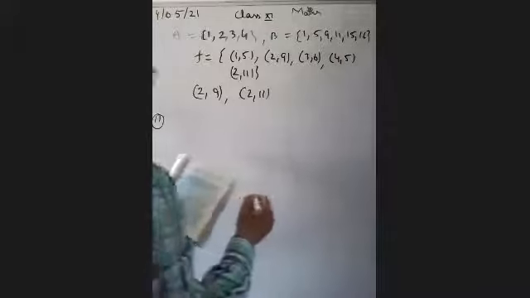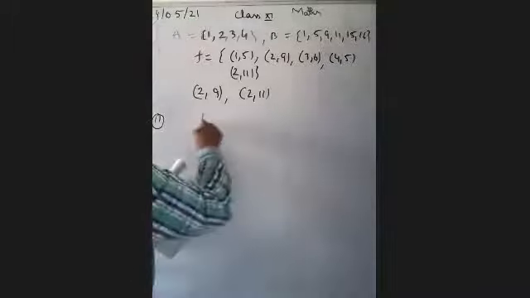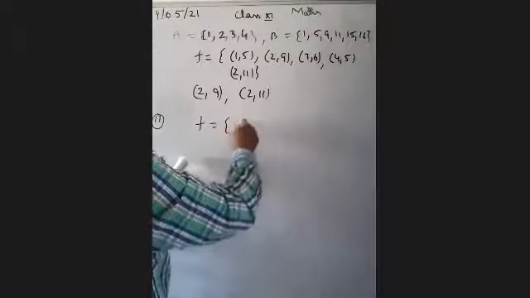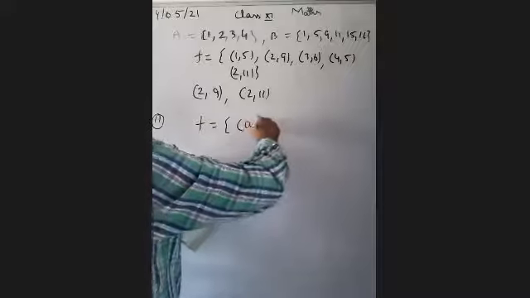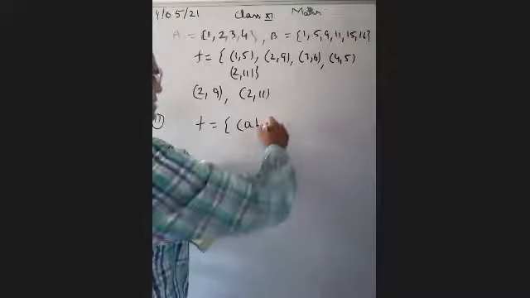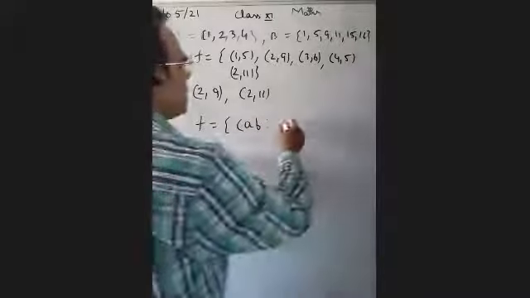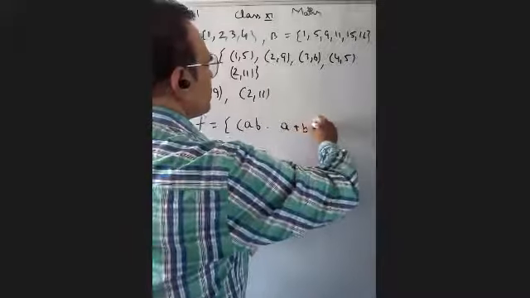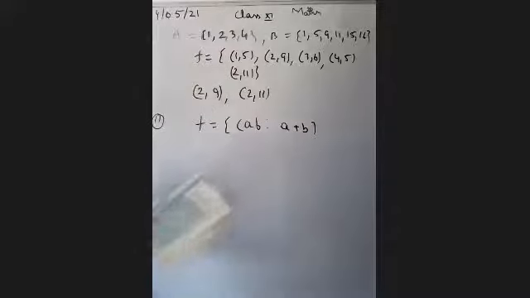See, question 11 is f equal to, they have given the condition {(ab, a+b)}, that is, what function is it? F is a function from Z to Z. Justify your answer.